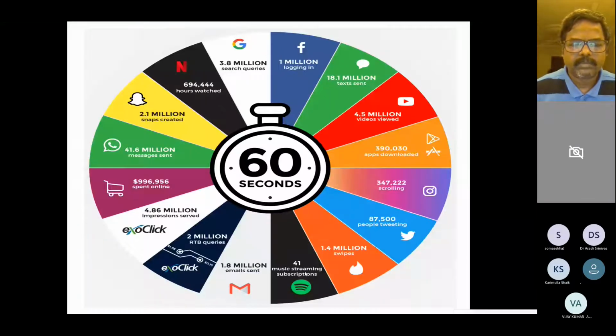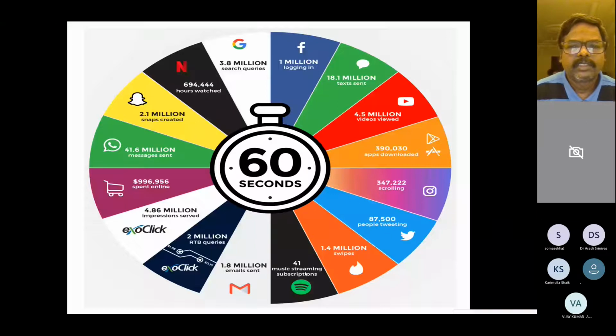For any application, we need to have data. Where is the data coming from, how are we storing the data, how many servers are required, how can we store a huge volume of data within 60 seconds, and how many users are connected to the internet world?